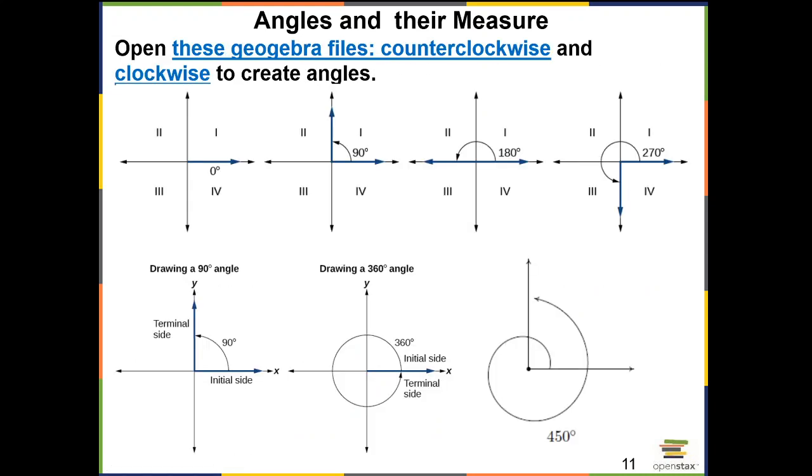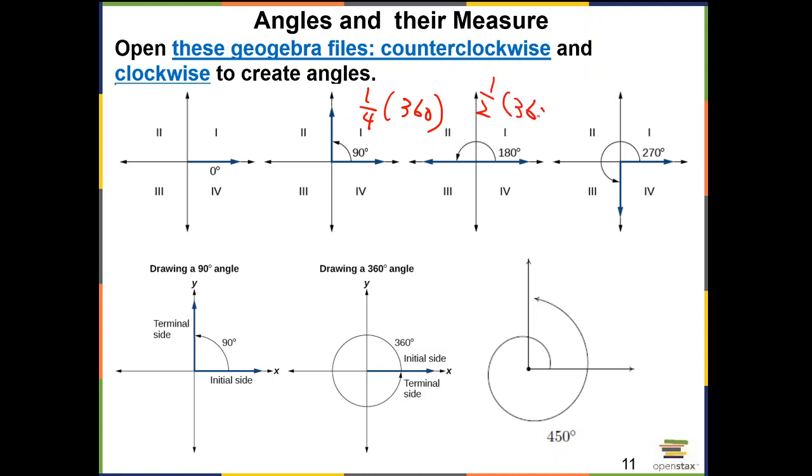Now angles don't have to be from 0 to 360 degrees. They could be bigger. For example, if you notice here, this angle right here is 0. This angle is 90 degrees because it's 1/4 of 360. This one is 180 because it's half of 360.